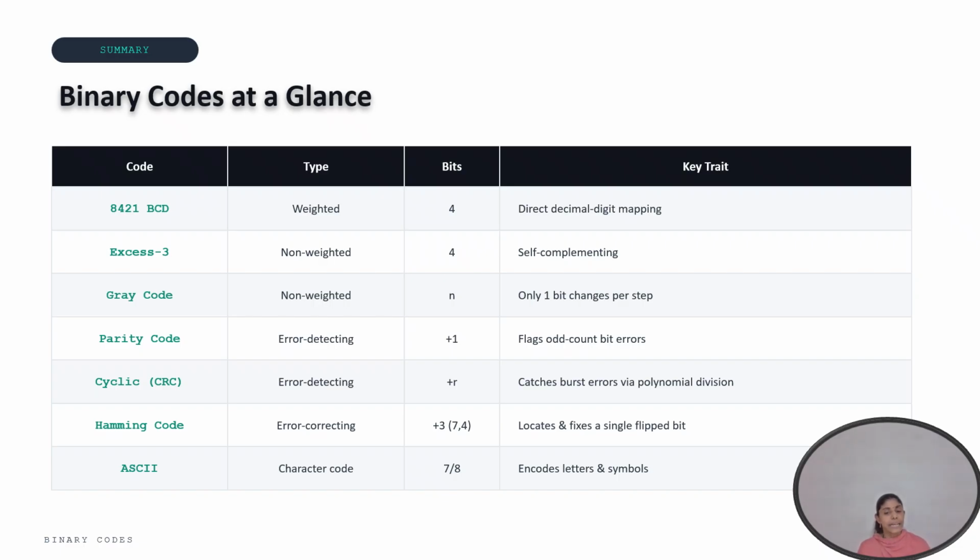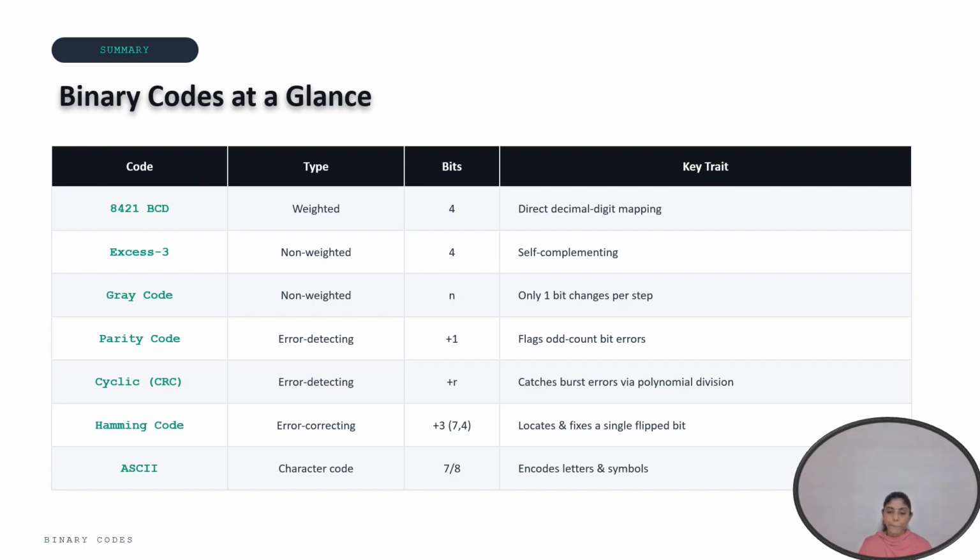Next is the cyclic redundancy check, CRC. That is also used to detect errors. Plus R bits are getting added. It catches burst errors via polynomial division. Next is the Hamming code, an error correcting code, right? I have given you the example for 7,4, I mean a plus 3.